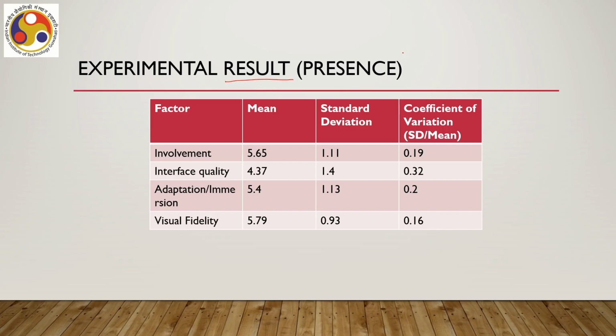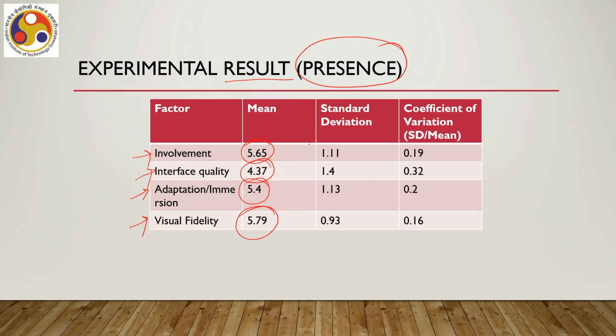First, let us have a look at the result on presence, the measure of presence. The measure contains several items: involvement, interface quality, adaptation or immersion, and visual fidelity. The means we obtained, based on the ratings provided by the users, are: involvement 5.65, interface quality 4.37, adaptation or immersion 5.4, visual fidelity 5.79.